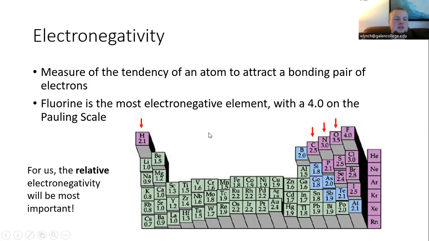So the relative electronegativity of an atom is very important to determine how strongly or how weakly it's going to be able to bind to a certain element. See that a hydrogen, even though it's very small, still has an okay electronegativity. 2.1 is the number.